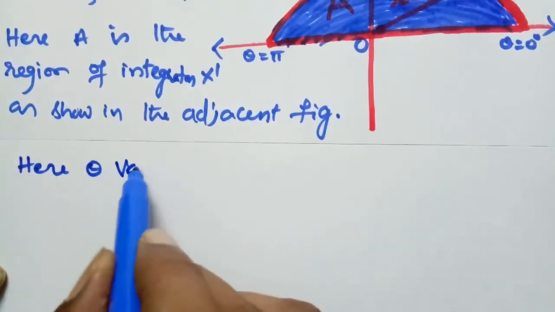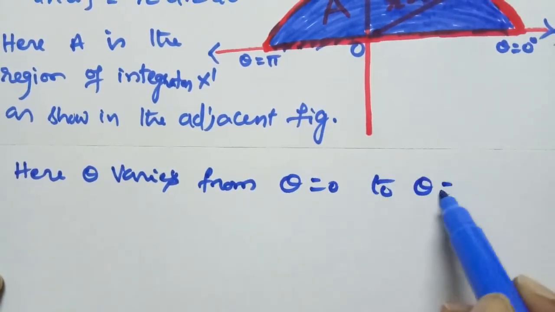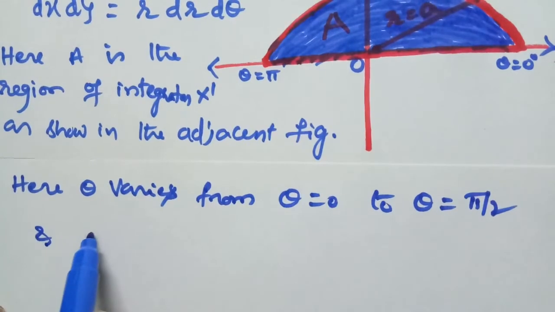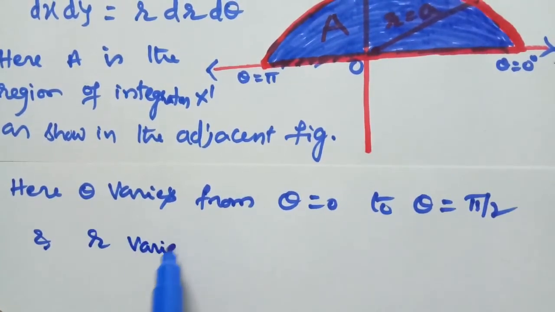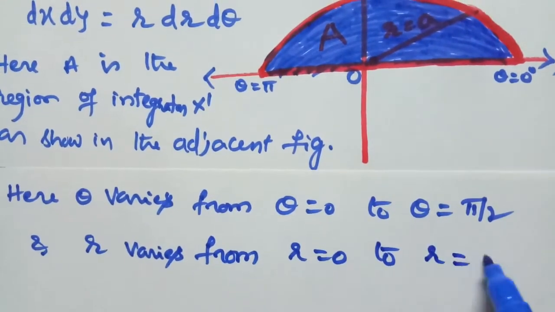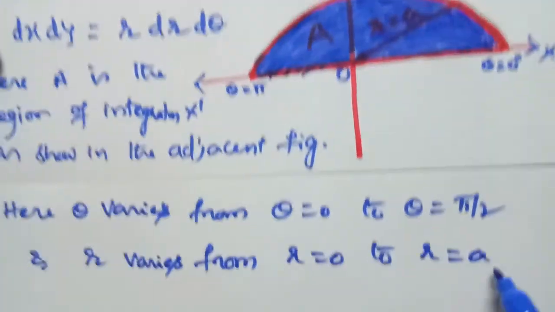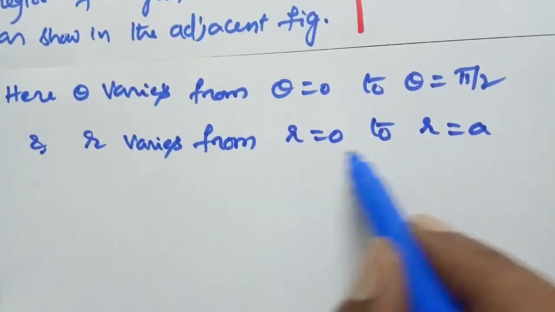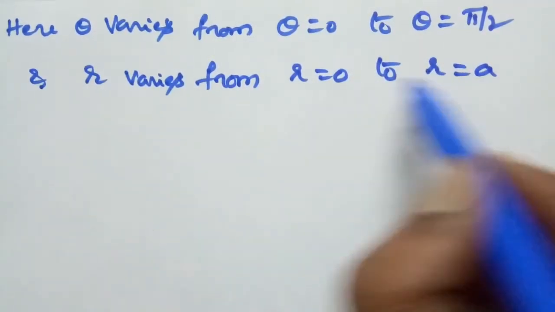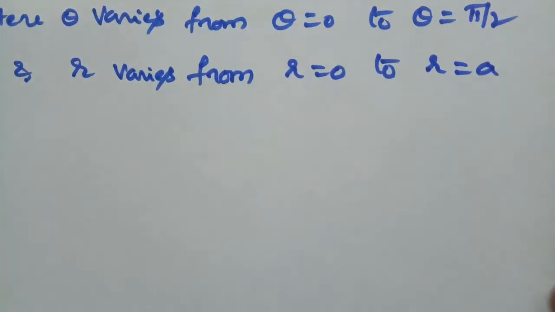Here theta varies from 0 to pi by 2 and radius r varies from 0 to a, as shown in the diagram. r is a radius, the distance from the origin to the boundary, a non-negative quantity, so r varies from 0 to a.